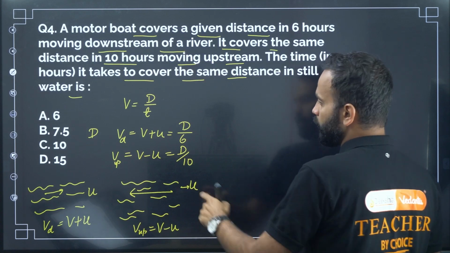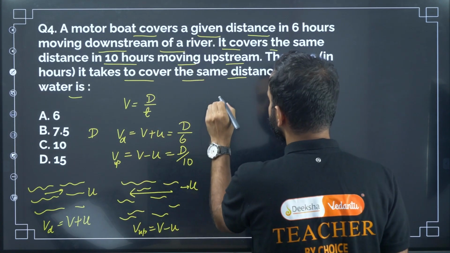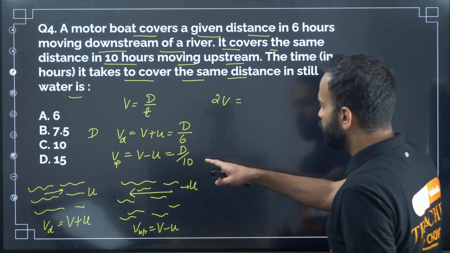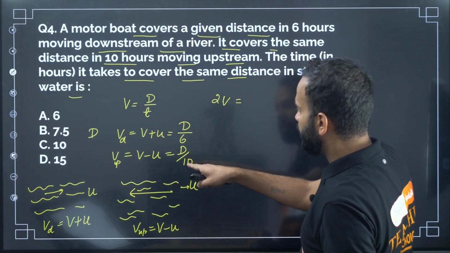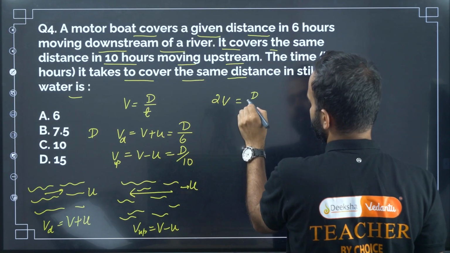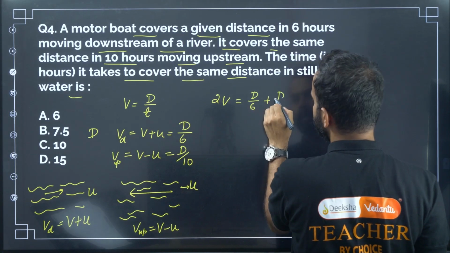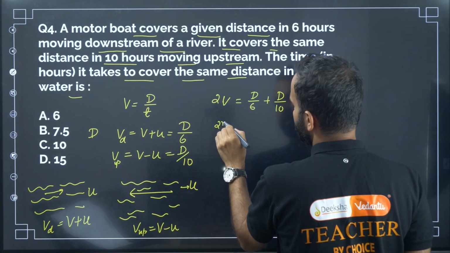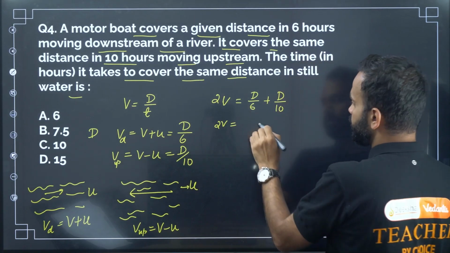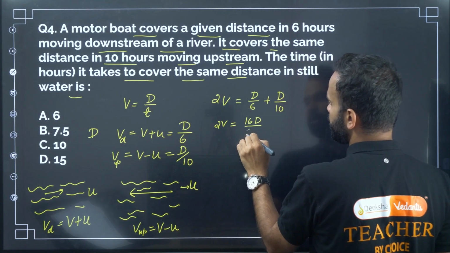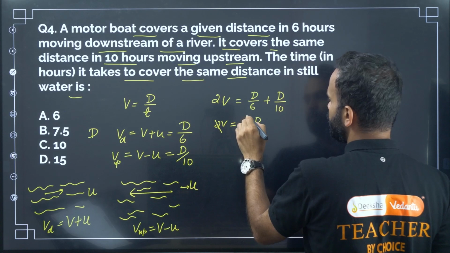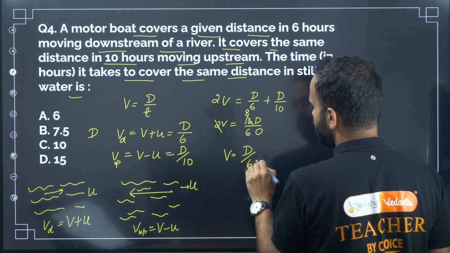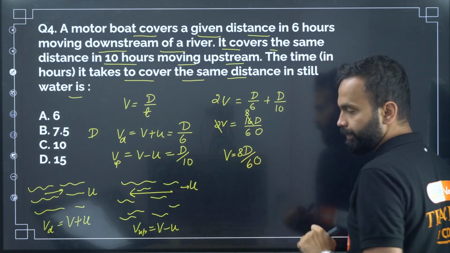Now add these two equations. You will get 2V equal to D divided by 6 plus D divided by 10. So 2V is equal to 16D divided by 60. Now 2 8s are 16, so V equals 8D divided by 60.